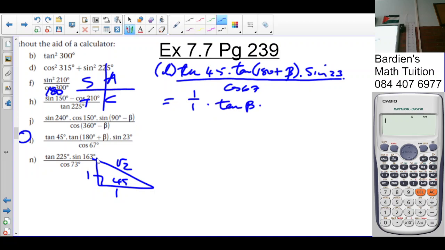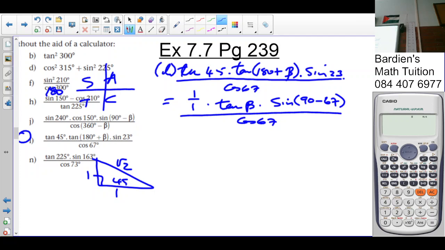Times sine of 23, which can be written as sine of 90 minus 67, which is cos 67, over cos 67. Yes? You say 180 minus beta.